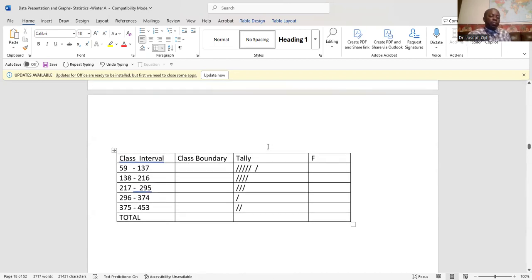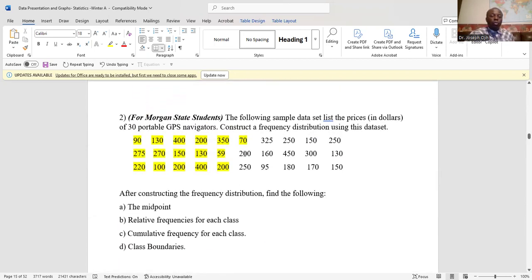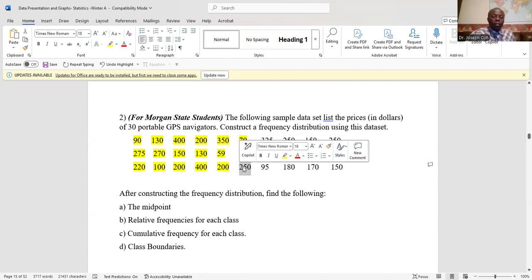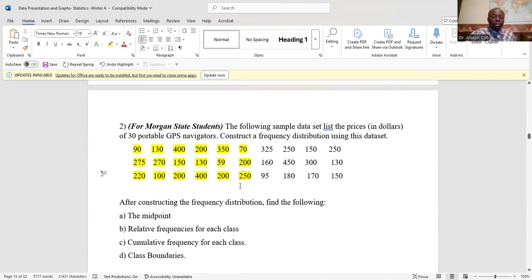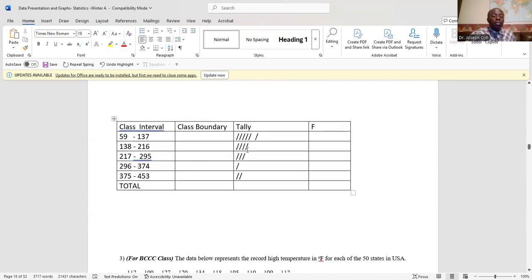Okay. Then 200 and 250. Let's do 200 first. 200 belongs to this group, and 250 belongs to this one.